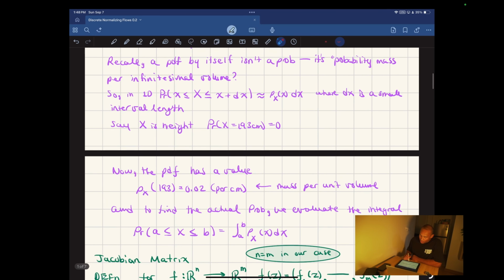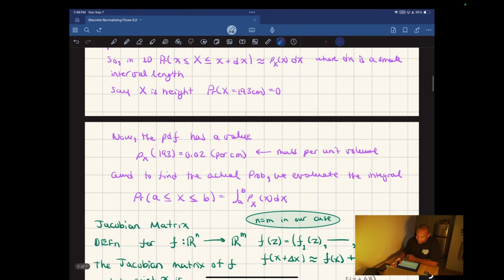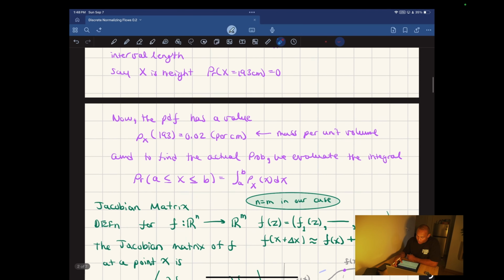In order to get probabilities, you need to do an integral from a to b of the probability density function. Imagine you put in 193 to the probability density function and you get 0.02. You can think of this as 0.02 mass per some kind of unit volume. I just wanted to review that really quickly to help get an intuition for what's to come.